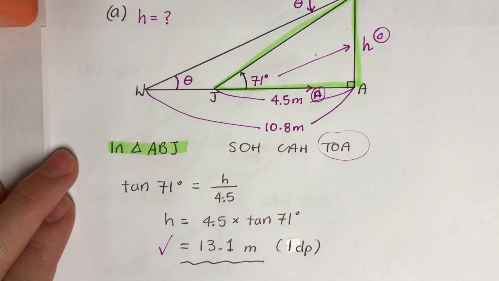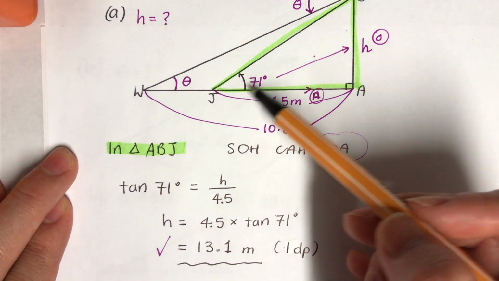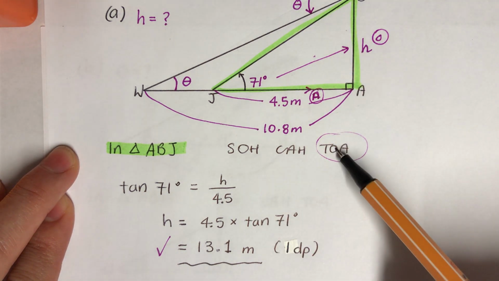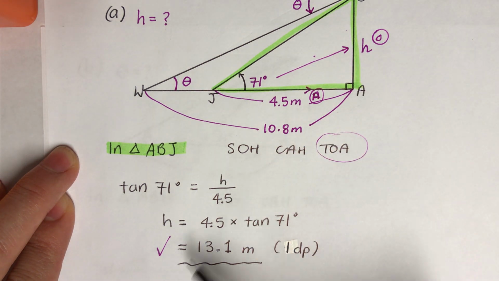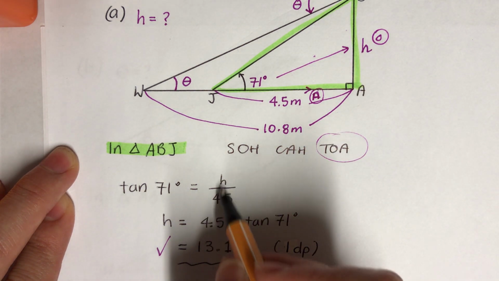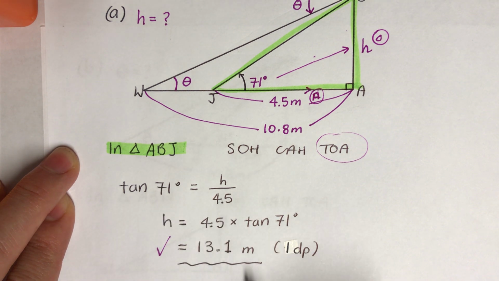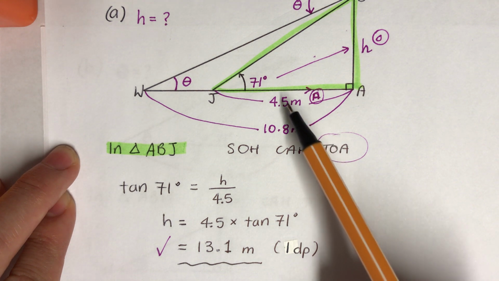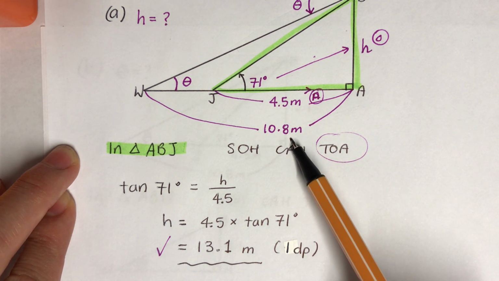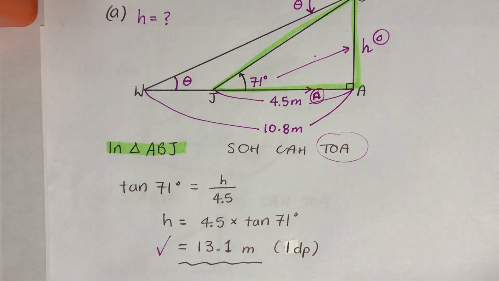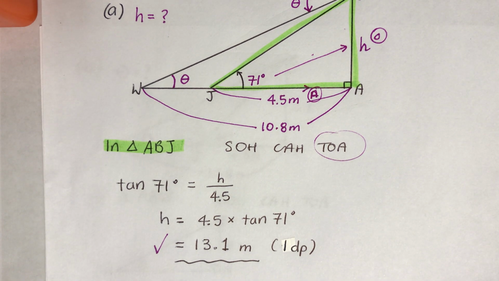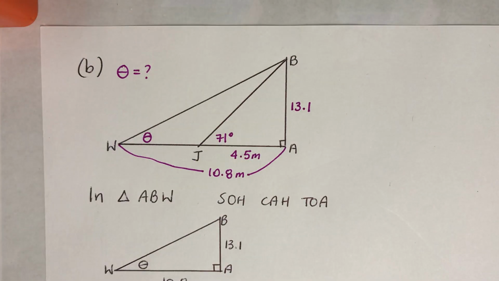So here it is: tan 71 equals opposite over adjacent, so H over 4.5, and H equals, you times it together, and it's going to be 13.1 meters. I just picked 1 decimal place because the other information was in 1 decimal place. But it's always nice to indicate what you've done, so in brackets, 1 decimal place. Okay, so that was part A.